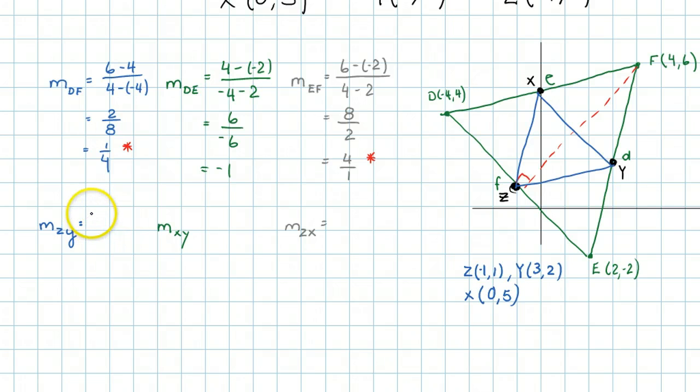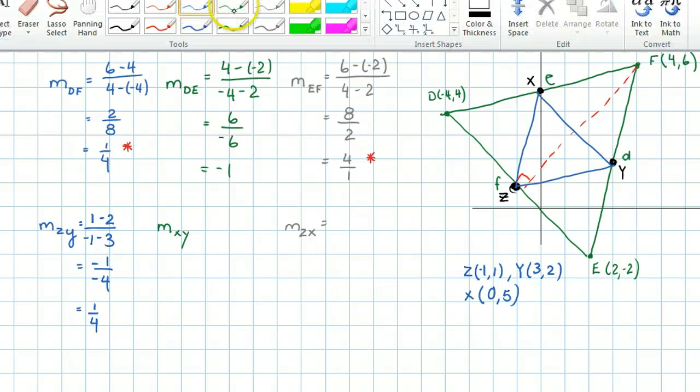So let's go 1 minus 2 over negative 1 minus 3, which is equal to negative 1 over negative 4, which is equal to 1/4. See anything interesting? Okay, let's do the next one.